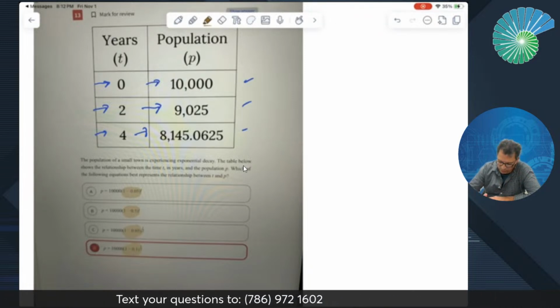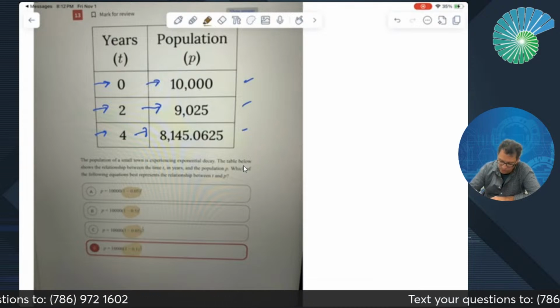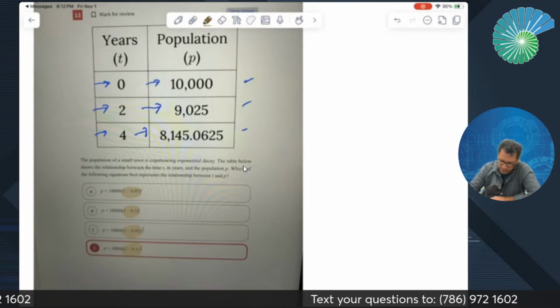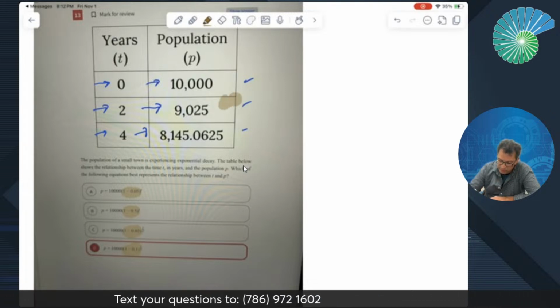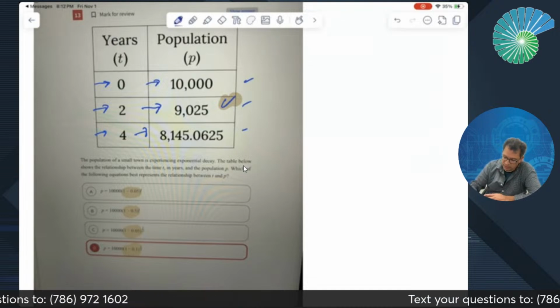So a quick way of doing this would be to just plug in. If you plug in a 0, for example, they all work. If you plug in a 2, you should get this value. And it's very easy to check with a calculator.